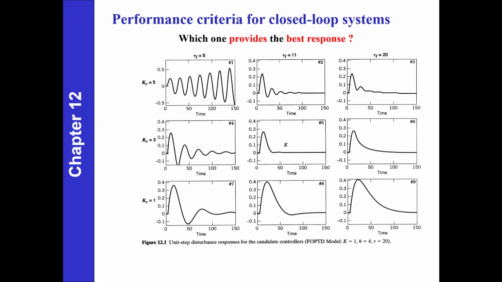Okay, this is an example of response. There's a lot of responses here. Can you determine which one is the best response? Remember, a good controller will produce a good response. In order for us to evaluate the performance of the controller, we can evaluate from the response.